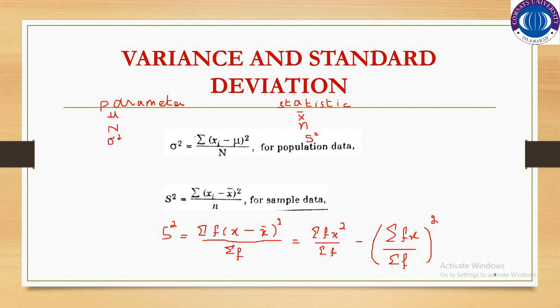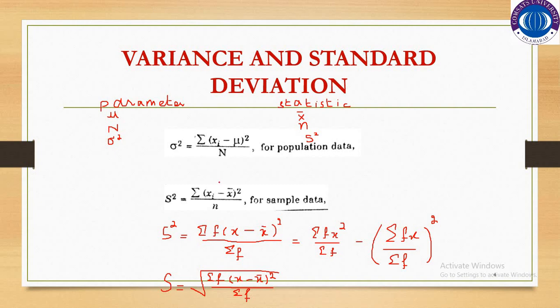And if you want to find out the formula for the standard deviation, then S is equal to, as standard deviation is the positive square root of the variance, under the root f. This one is for the grouped data.